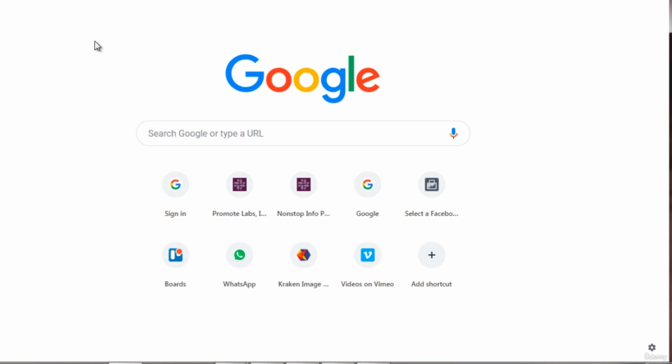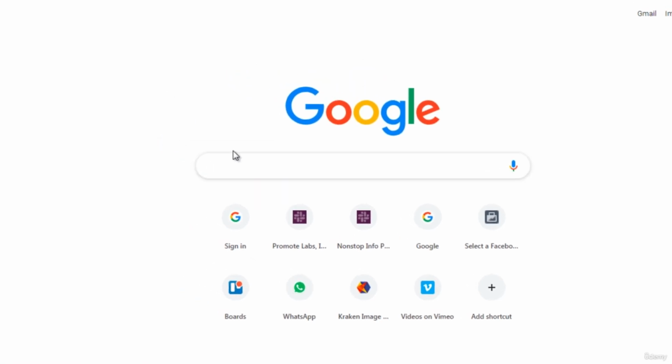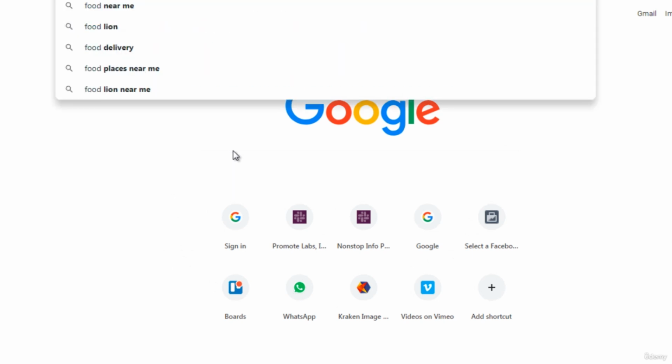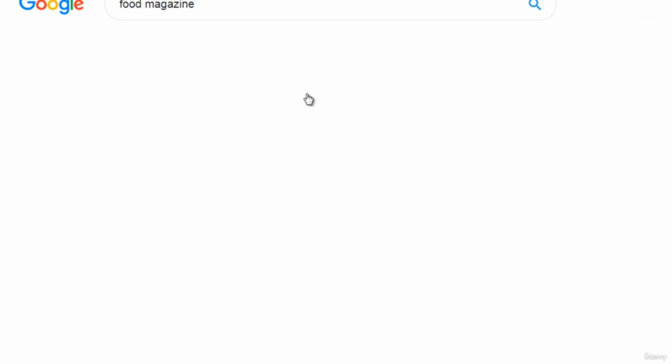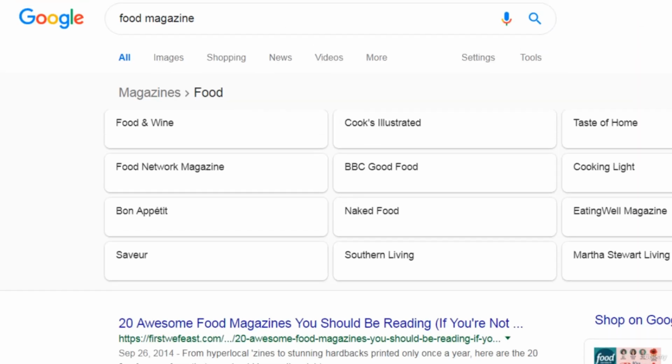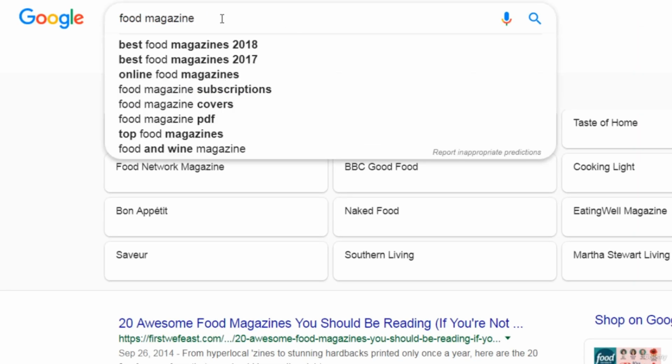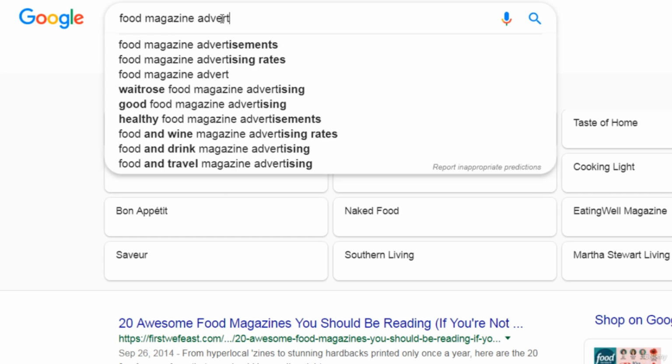And a lot of times it'll tell you the exact demographic and the exact avatar that you're trying to target. So let's type in, for the sake of simplicity, food magazine, like so. And you can do food magazine advertise.